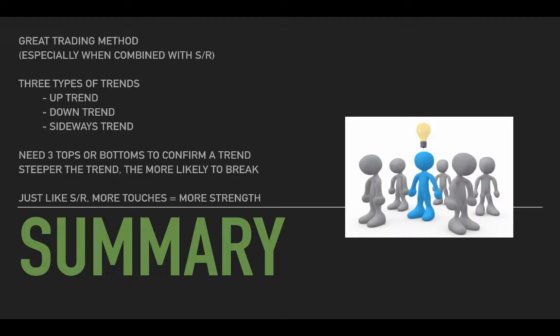Markets can get into a bit of a channel and move very sideways, where they just stay within a few ticks or a few points of where they're currently trading until a fundamental change occurs and we have news or something that drives the market to change direction. We need three bottoms or three tops to confirm a trend, just as we showed before. And just like with support or resistance, the more touches, the more strength we have.